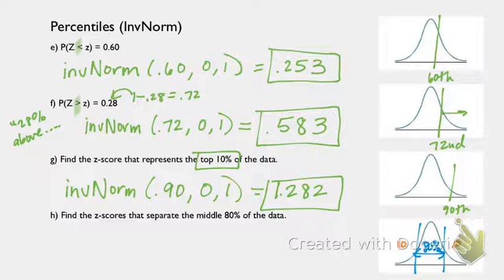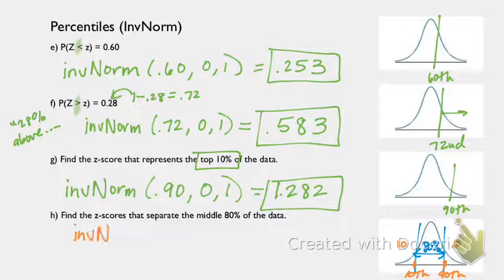So you can type in one of two things. The percentile on the lower end is the what percentile? Not the 20th, the 10th. And the one on the upper end is the 90th percentile. You can type in either one, but for this example, I want you to type in both just to show what happened.